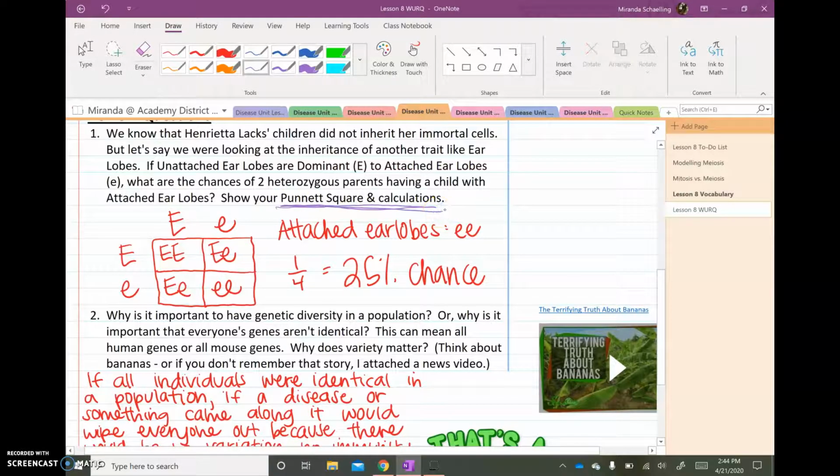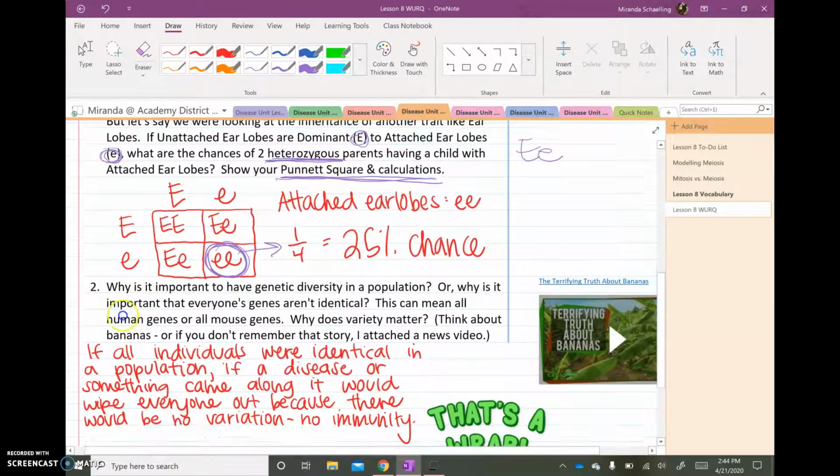Unattached earlobes are dominant, so they're capital E, and attached earlobes are recessive, so they're lowercase e. And remember, heterozygous is one big E, one little e. It's wanting to know what are the chances of the child having attached earlobes. So that's 1 square here, 25% chance.